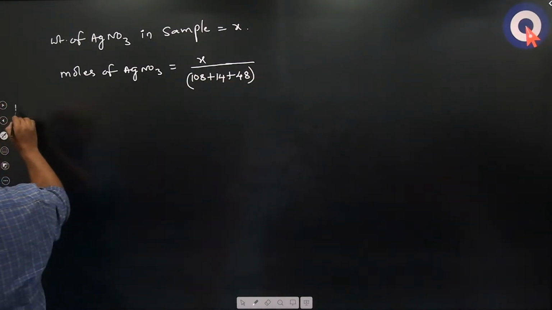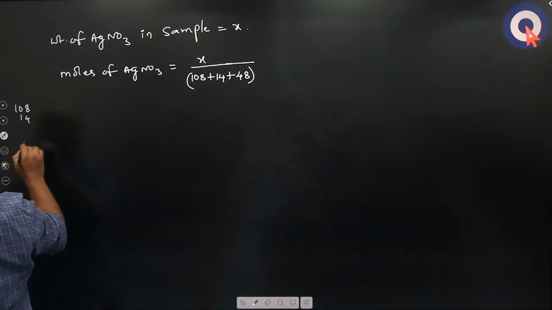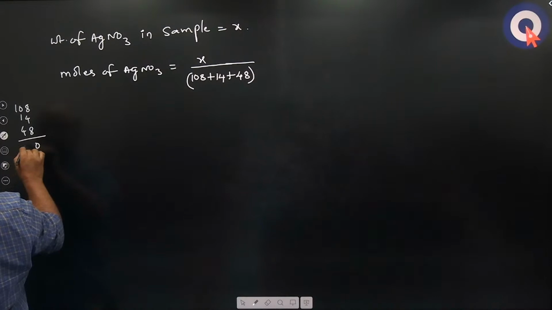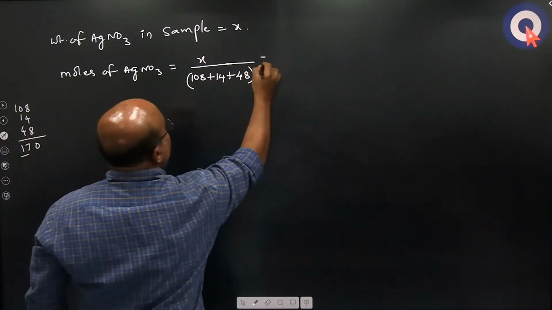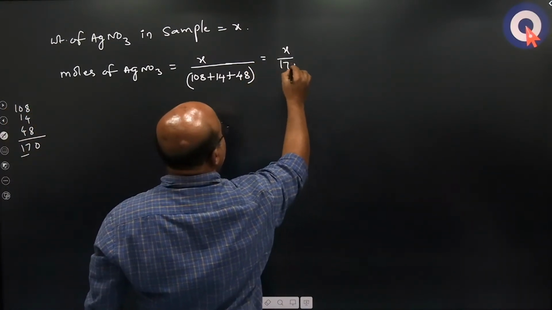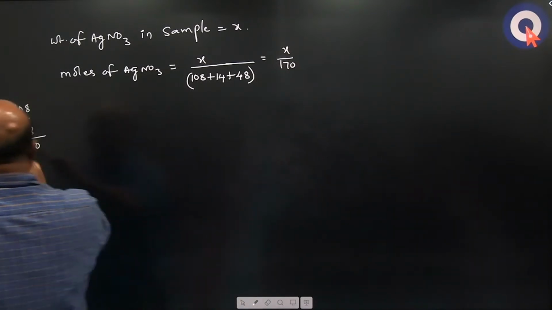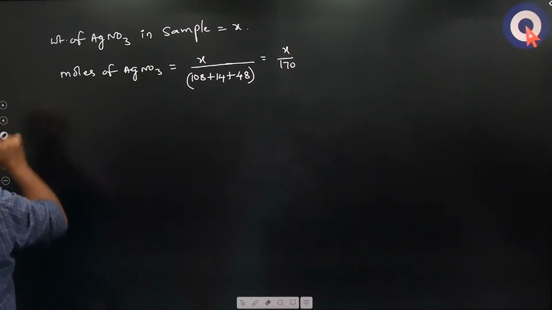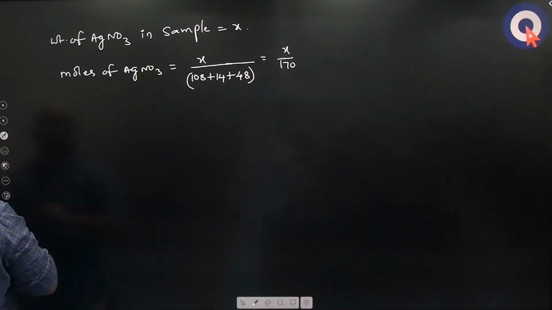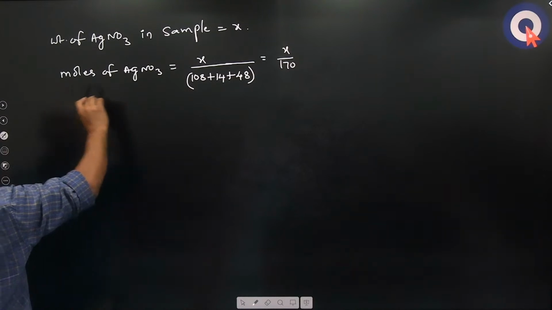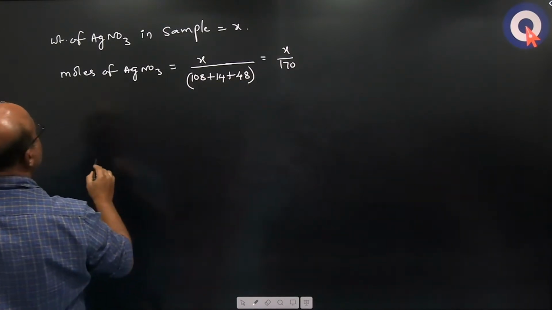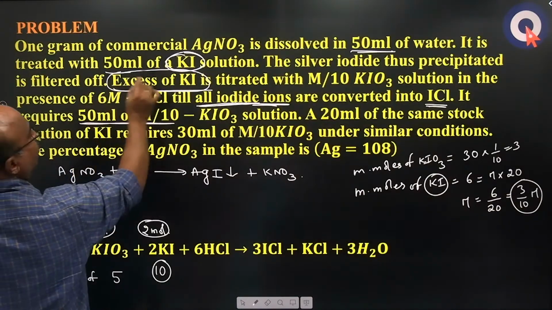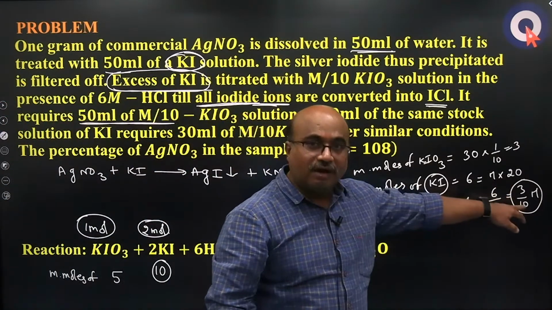So 108, 14 plus 48, 170. So it is x by 170. So let us see. Now we dissolve this in 50. Here, we added 50 ml of KI, which is of 3 by 10 concentration.